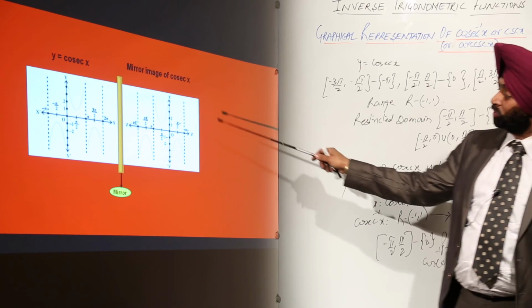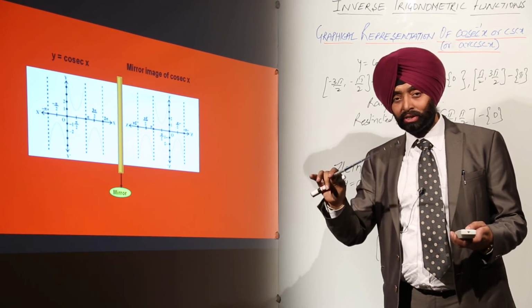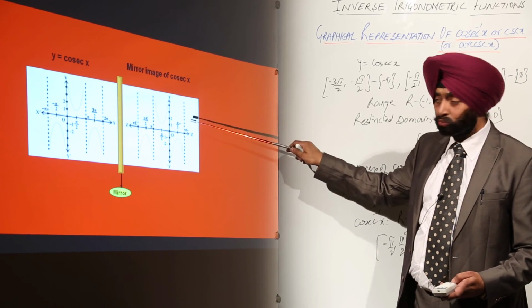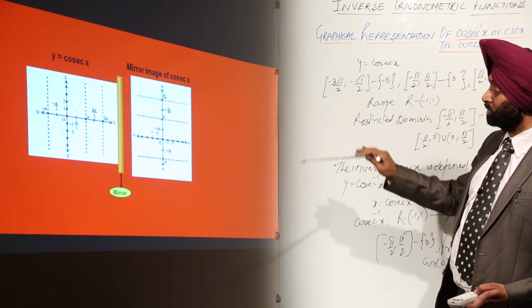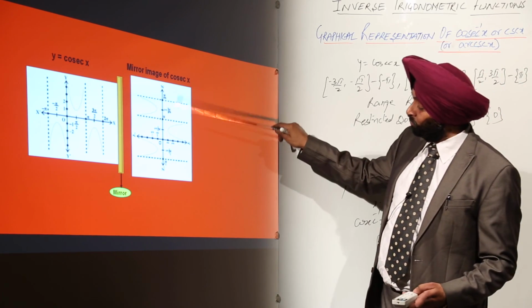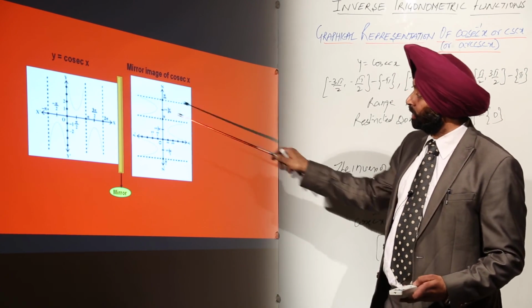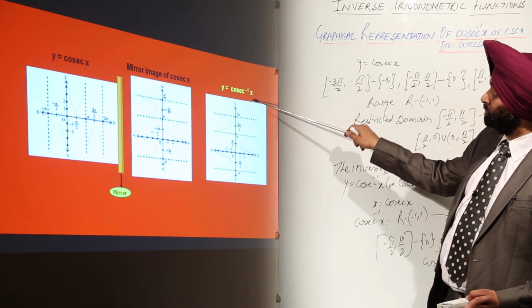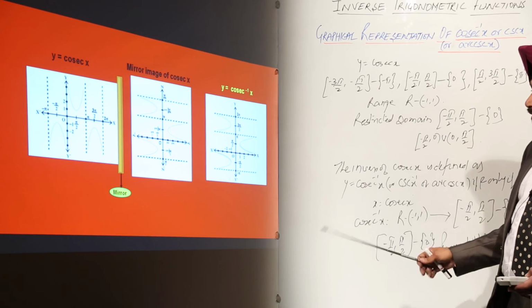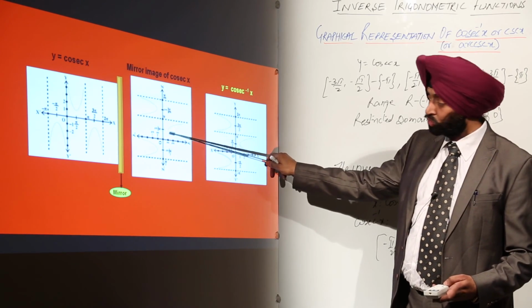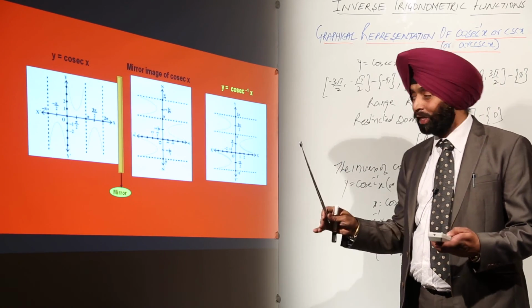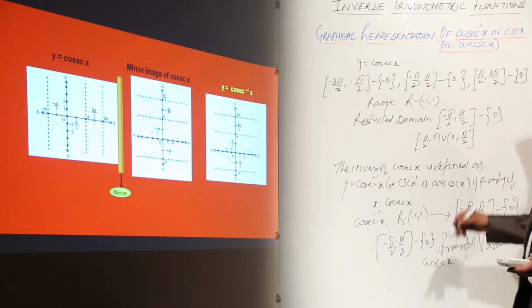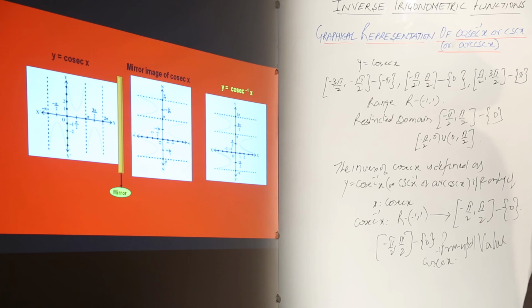Now when we change the axes, y to x and x to y, what happens to this picture? Just look, it is converted. If it is y equal to cosecant x, then this will become y equal to cosecant inverse x. Okay. So when the mirror image was changed, it means we changed the axes, and we get this portion. Okay. So this is the graphical representation for cosecant inverse x.